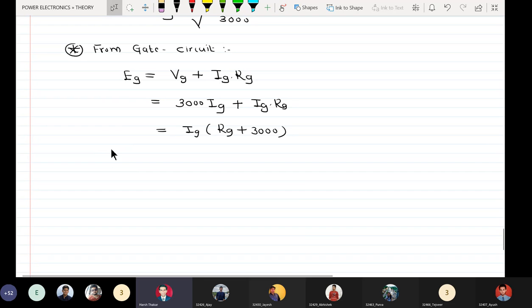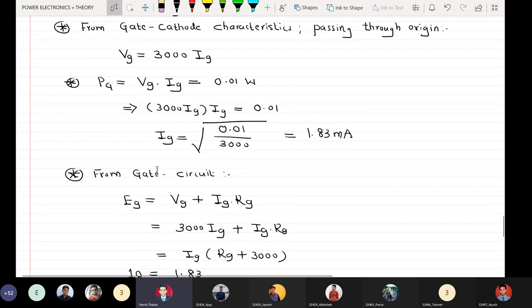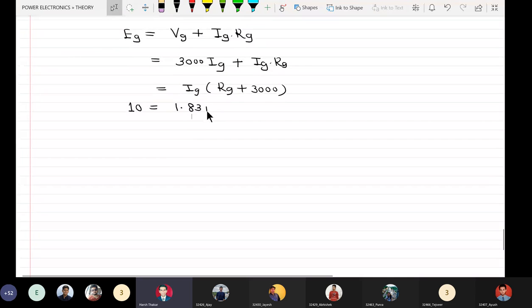So 10 equal to 1.83 milliamperes times Rg plus 3000.